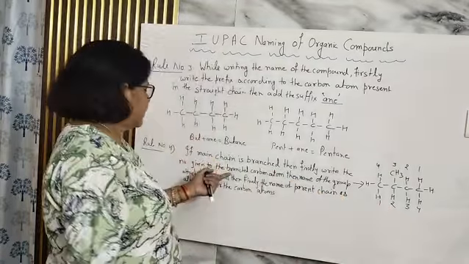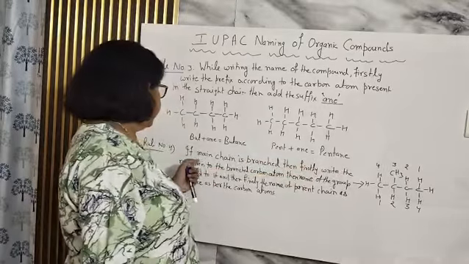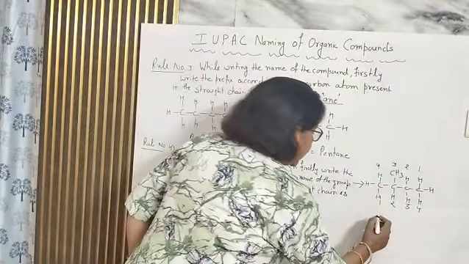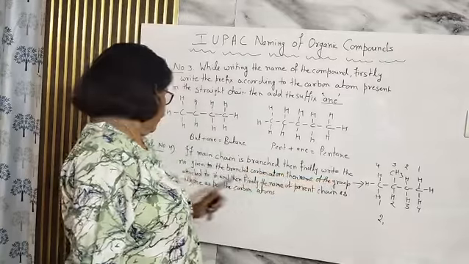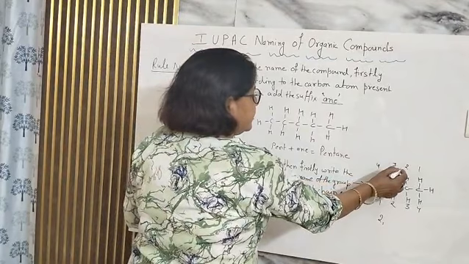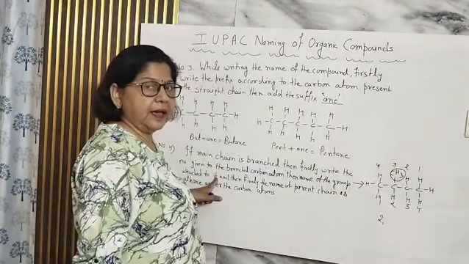Fine. So if the main chain is branched, then firstly write the number given to the branched carbon atom. Which is the number given? 2. I have written 2. Then the name of the group attached to it. The attached group is CH3 and the name of CH3 is methyl.